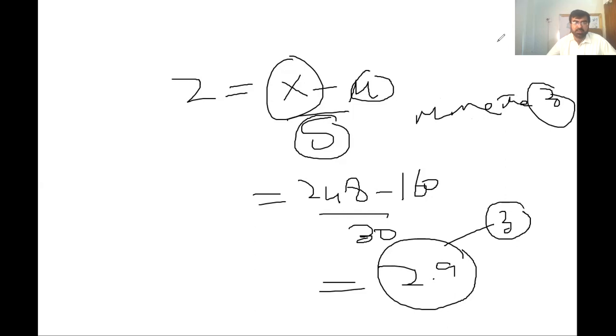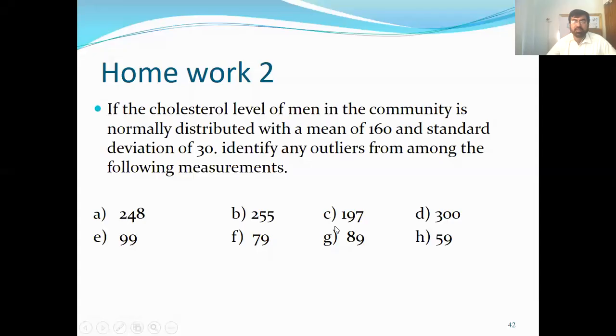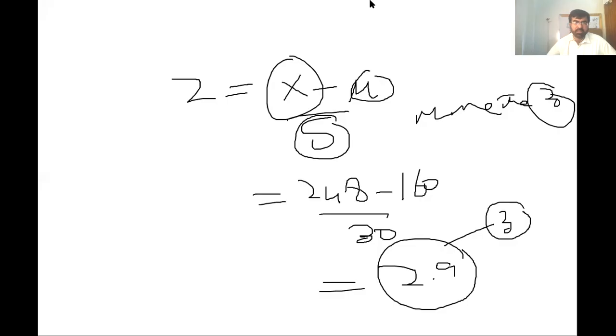Let's do another, greater value, for example 300. Does it bring a z-score of 3 or more than 3, and is it an outlier or not?